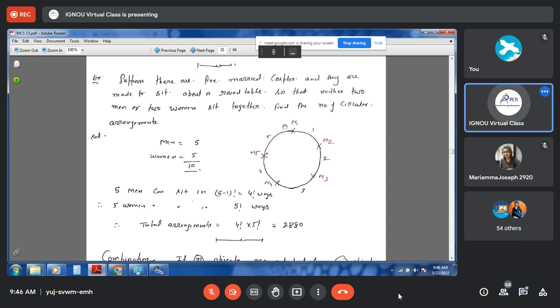Now, always remember, during the arrangement, when you arrange the things in a straight line, there are two options, left and right. One position is increased, but when you make the circle, left and right connect.